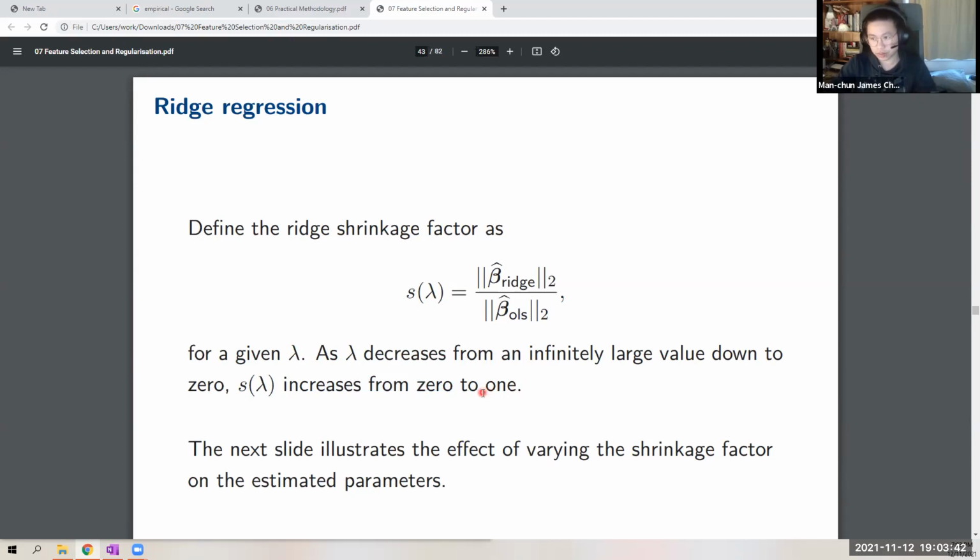So as lambda increases, the shrinkage factor decreases, and as lambda decreases, the shrinkage factor increases. They go in opposite directions, so just be careful about that.